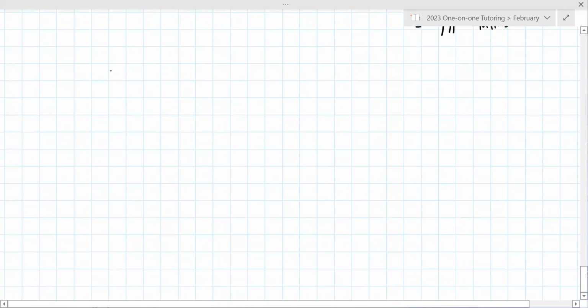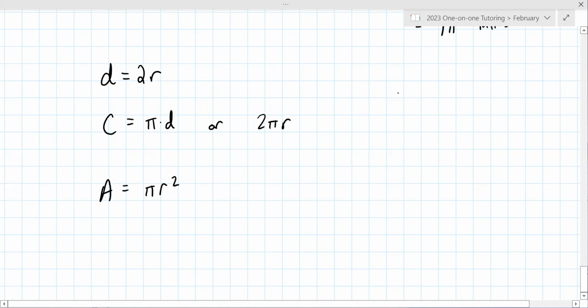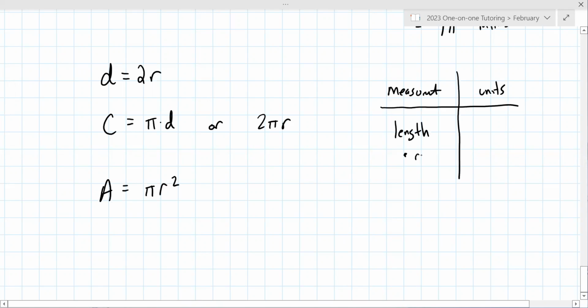Okay, so just to summarize here, a couple of formulas: the diameter is 2 times the radius. The circumference is pi times diameter, or 2 pi r. Area is pi r squared. And in terms of units, if it's a length, like a radius, a diameter, or a circumference, it's just the units.